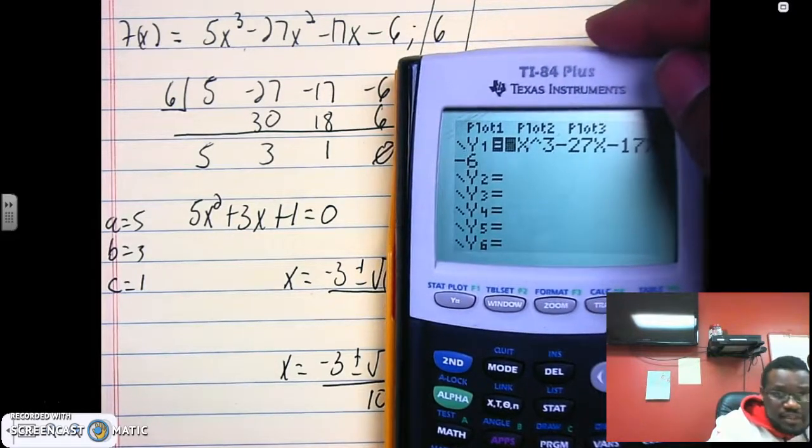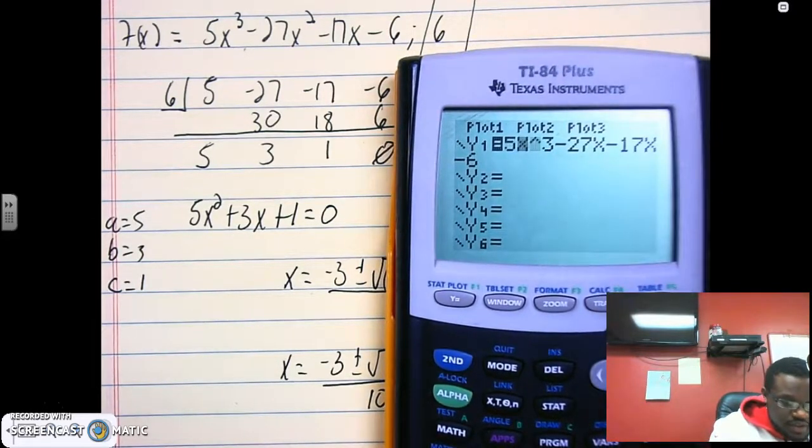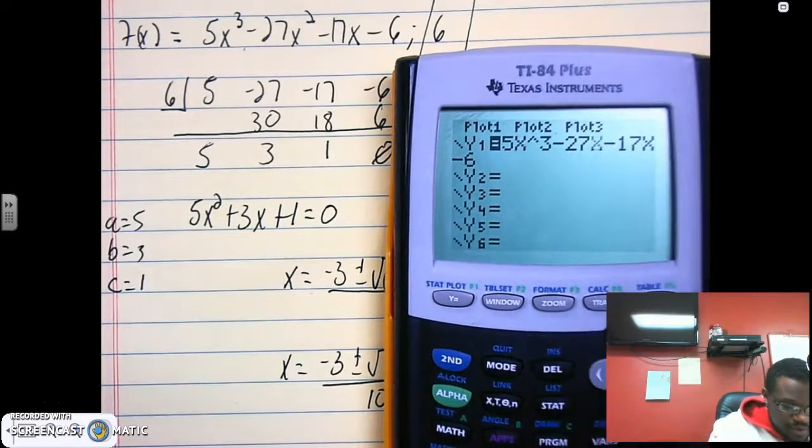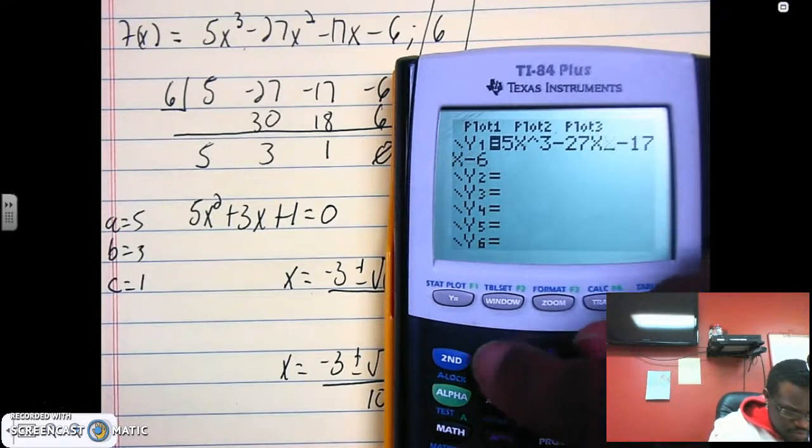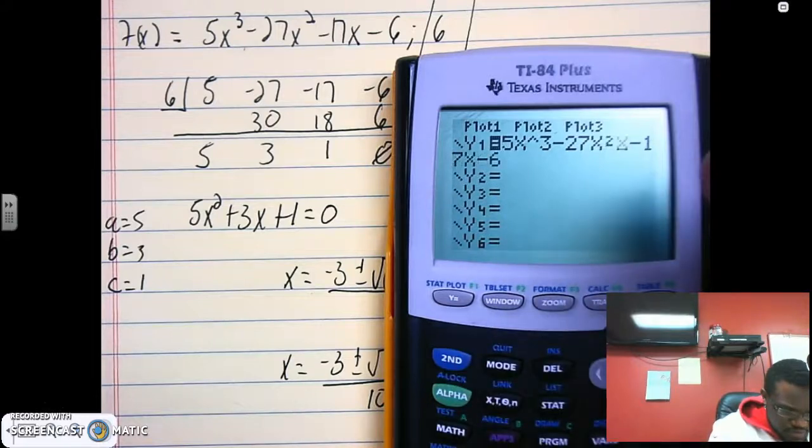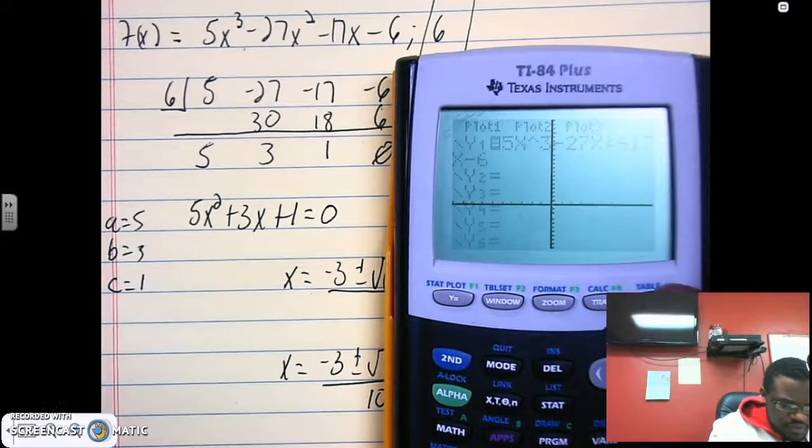5x cubed minus 27x squared. Yep. Made a mistake in that; it should be to the second power. I'm going to delete that. Alright, let's go to the graph again.